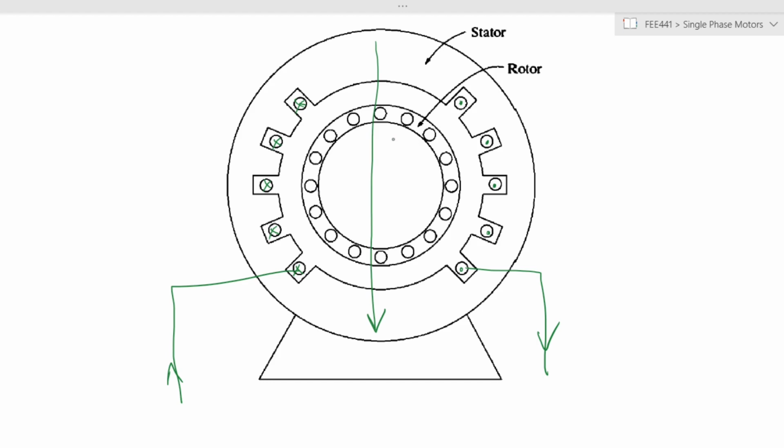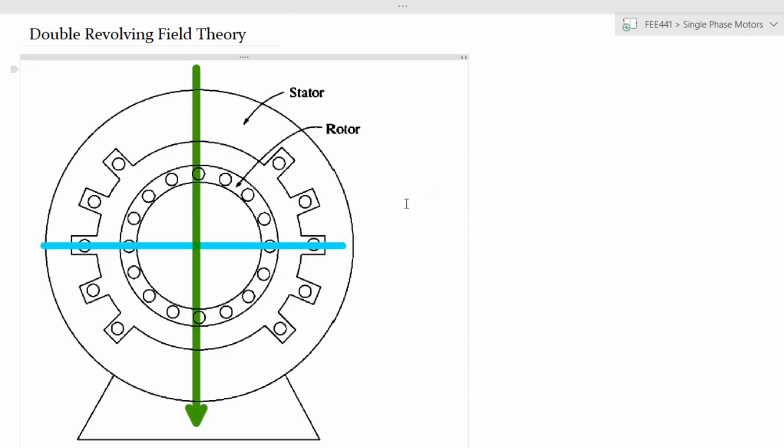So what happens when this phenomenon is seen? That leads us to what is called the double revolving field theory. Now let me explain a bit further about what we are talking about.